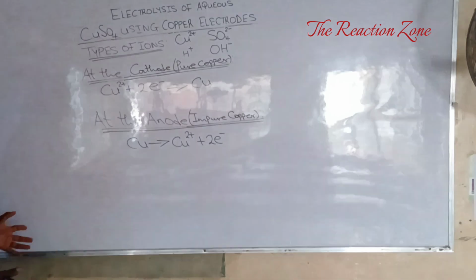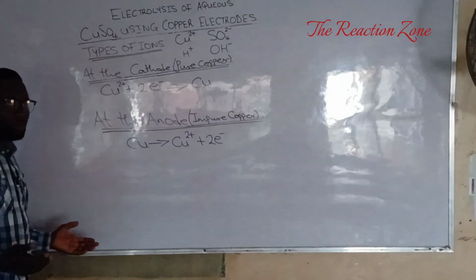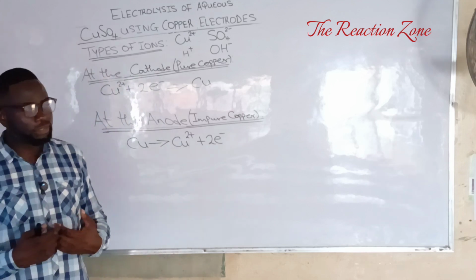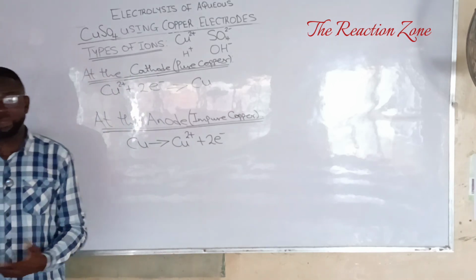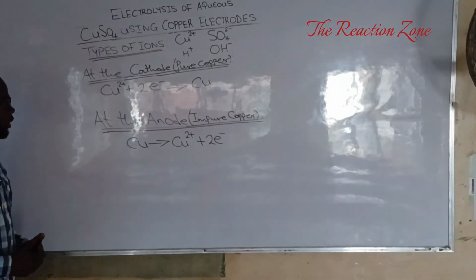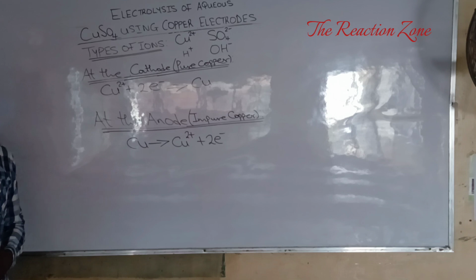Now, the electrolysis of aqueous copper sulphate using copper electrodes is a key industrial application, and it is actually used in the purification of impure copper.